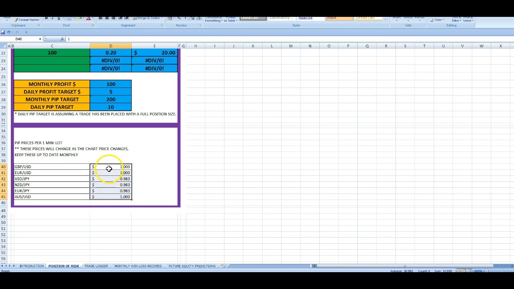So you will get these numbers from your broker's website. If you log in, it'll be different for every broker, but there will be a section on there telling you what the values of the pips are at the current time. A good thing to do is, once you have this spreadsheet, come in, mark them down, and just check them.